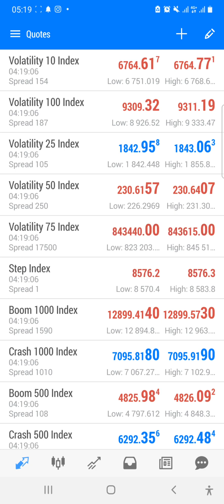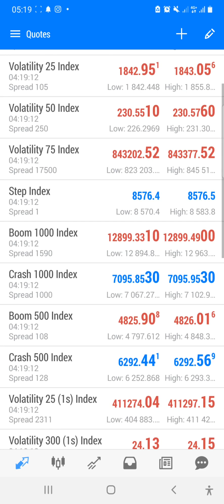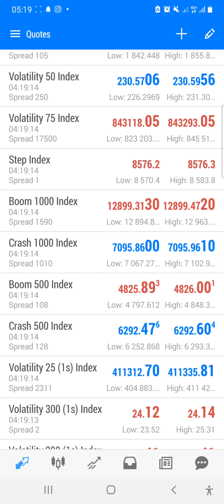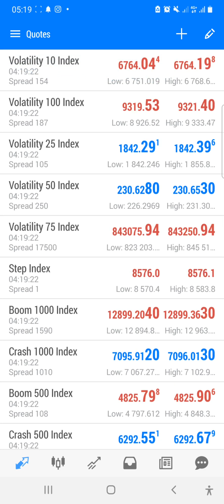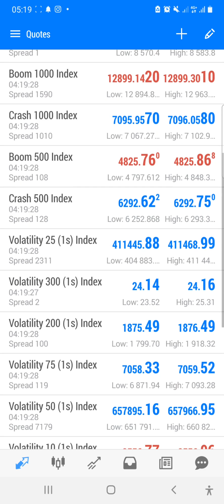Volatility 100, which is 9,309 now, is actually 9,309 points. Boom 1000 is 12,899 points. I told you that to calculate the pips, you divide by 10.